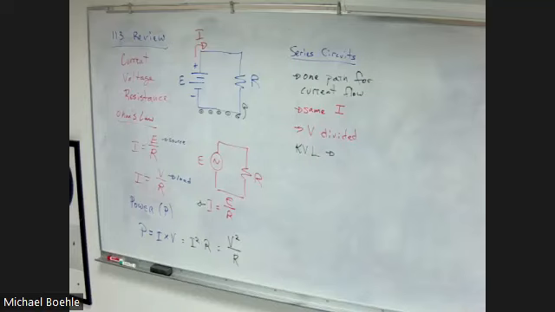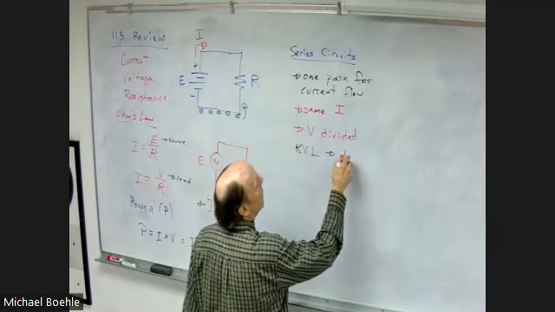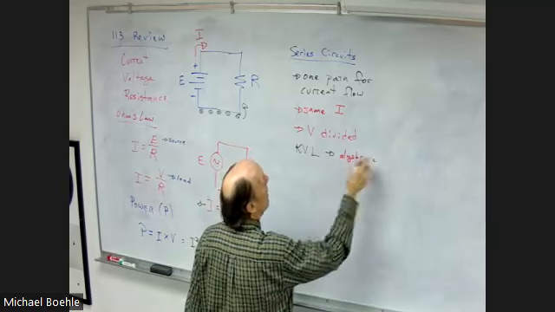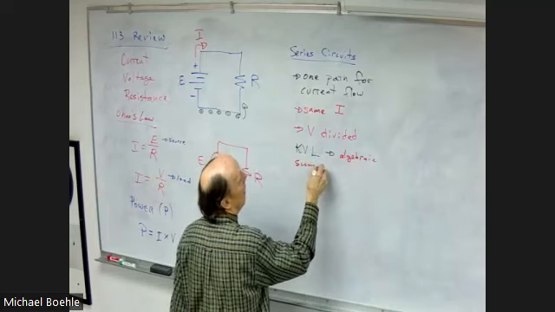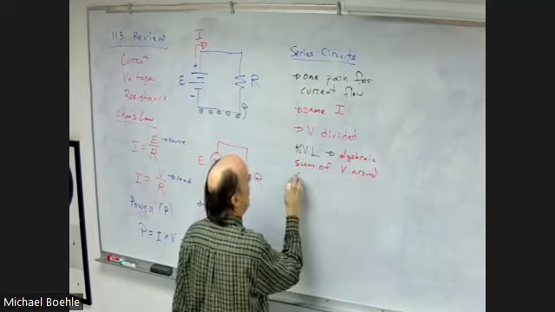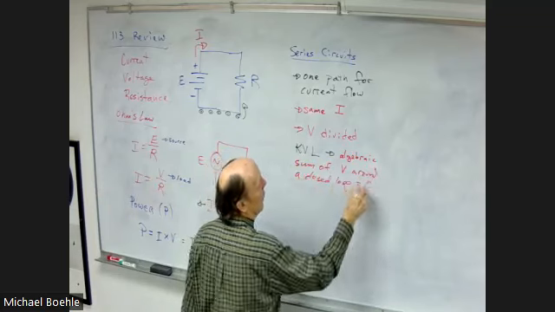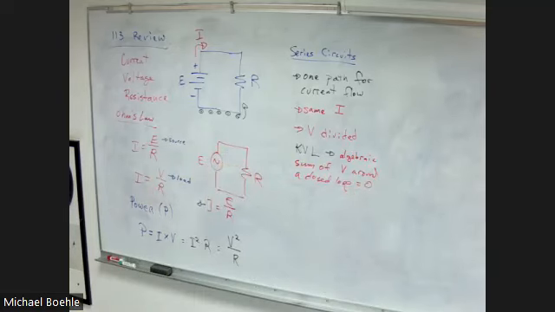Real quickly here, the algebraic sum of voltages around a closed loop equals 0. Keywords in there: algebraic sum means I pay attention to polarity.